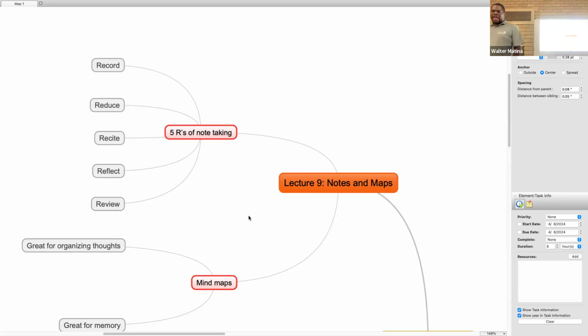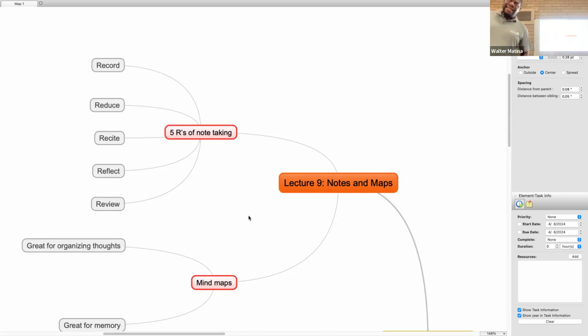But there are ways that you can make that information make better sense to you. It depends on how you write your notes, but how you write your notes is also determined by how you read.